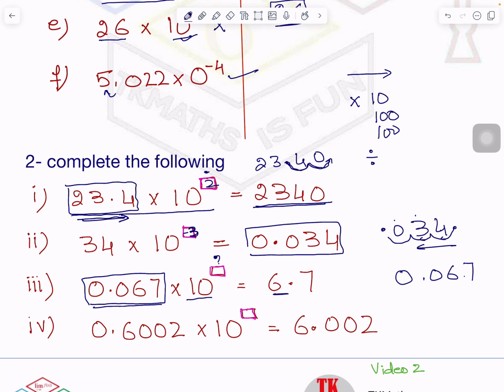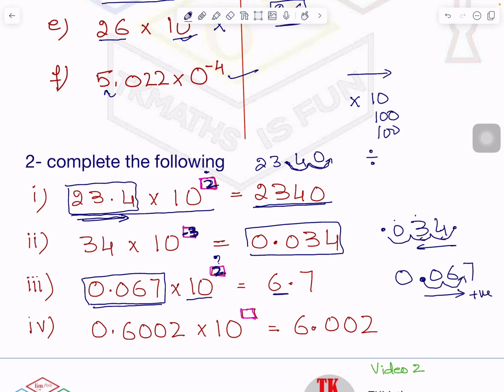From here, the decimal has gone 2 places to the right. It means it jumped right 2 places. That means the power of 10 is positive, and how many positive? +2. So I will write here 2. Plus we don't write, we just write 2. For negative we do write. So here it is 10 power 2. Here it was 10 power -3. Here also it was 10 power 2.